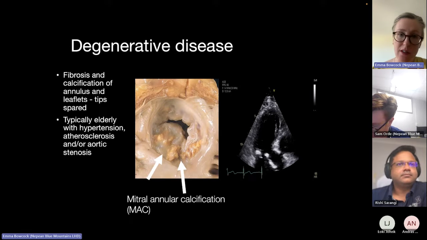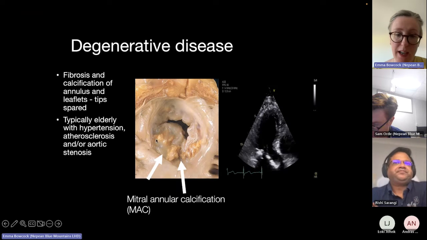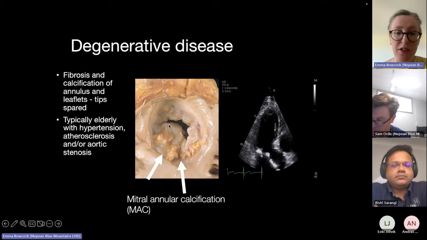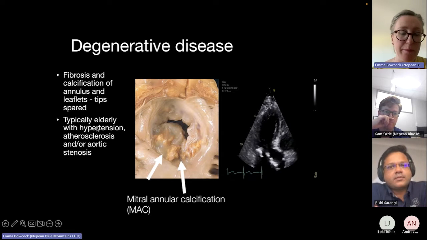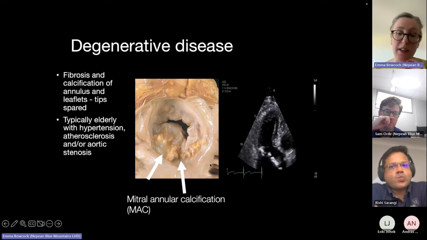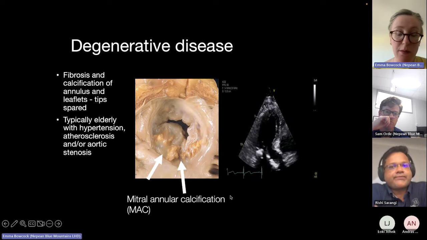This is in contrast to degenerative disease or mitral annular calcification leading to stenosis, where the patients tend to have this annular calcification, and the leaflet tips tend to be relatively spared. And as I say, it's typical in more elderly populations, and they often have a bit of aortic stenosis or regurgitation as well.